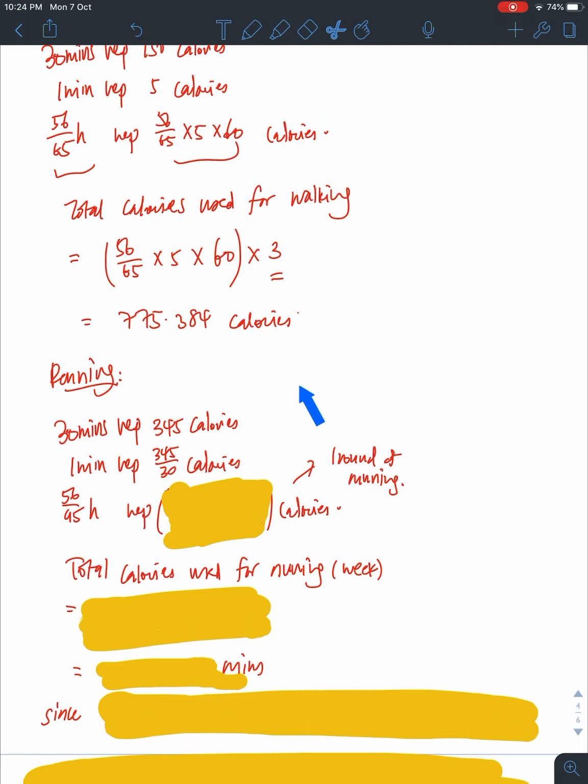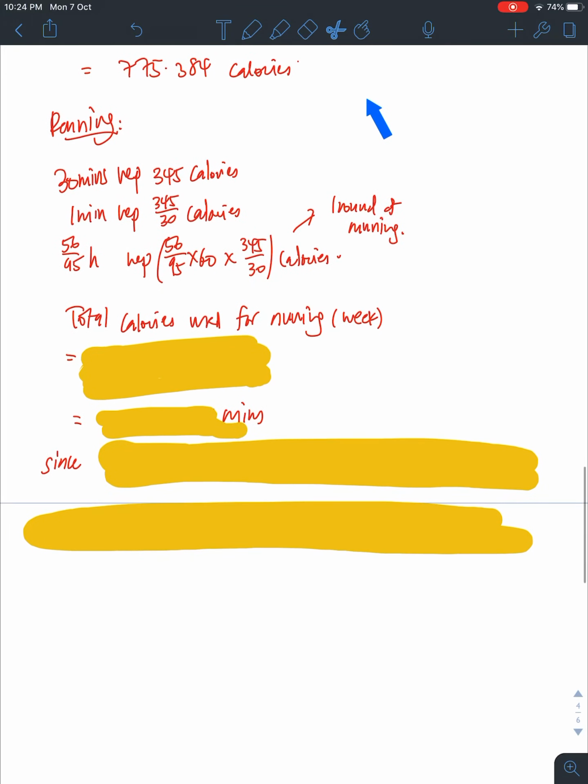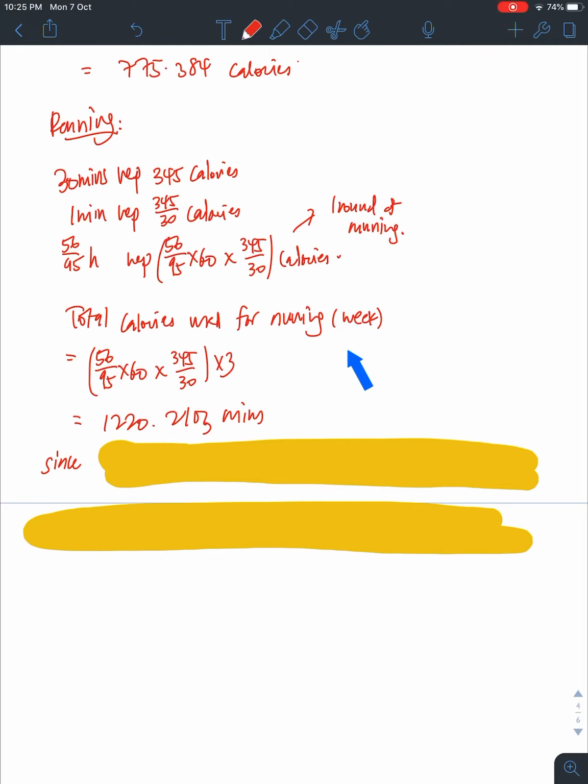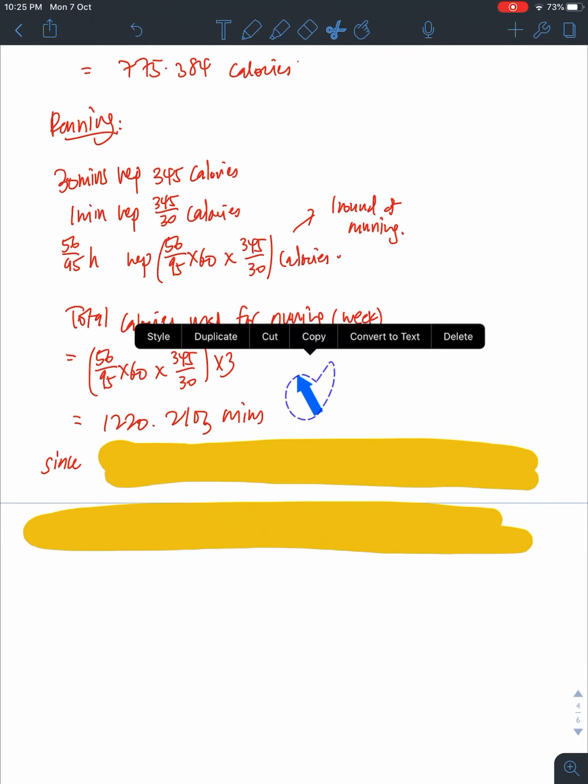So 56 over 95 multiplied by 60 multiplied by 3. That will be the total amount of calories she would use for running for this whole week. This amount is spent when she runs one round, and you multiply that by 3 to get the total calories used for running that week. If you were to press this out, you should get 1220.2103.